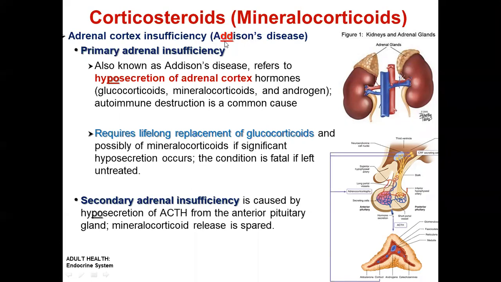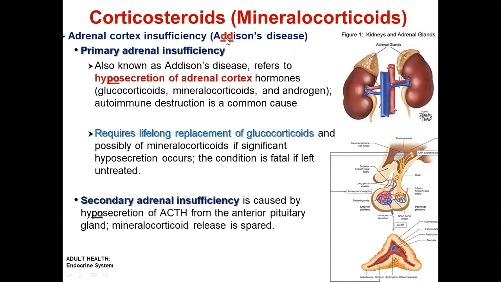So from today, just keep in mind the spelling of Addison: D for down. If the outer layer of the adrenal gland decreases the secretion of steroid hormone, the patient develops Addison disease.